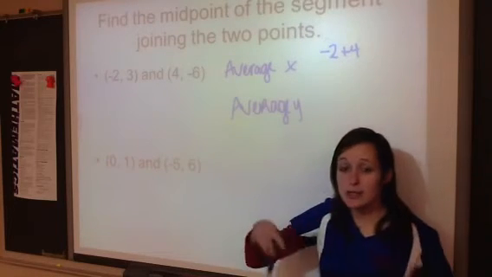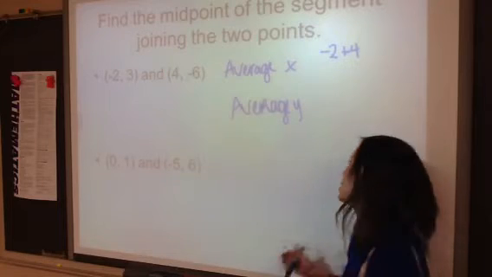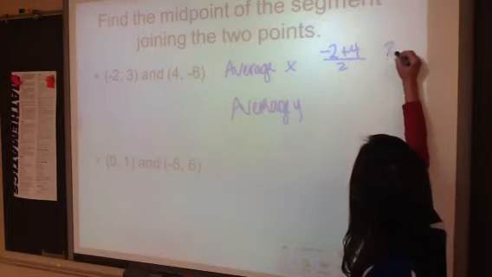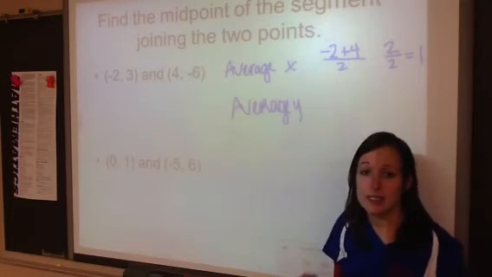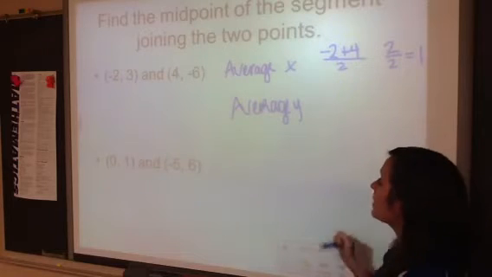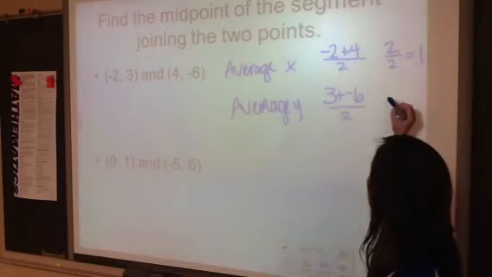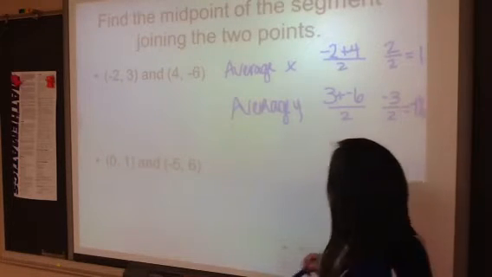I'm going to add those two together, because when you find average, you add together and divide by how many there are. So there were two values. -2 plus 4 is 2, divided by 2 is 1. So the average of my x's is 1. I'm going to average my y's. So 3 plus -6 over 2. So -3 over 2, so -1.5.